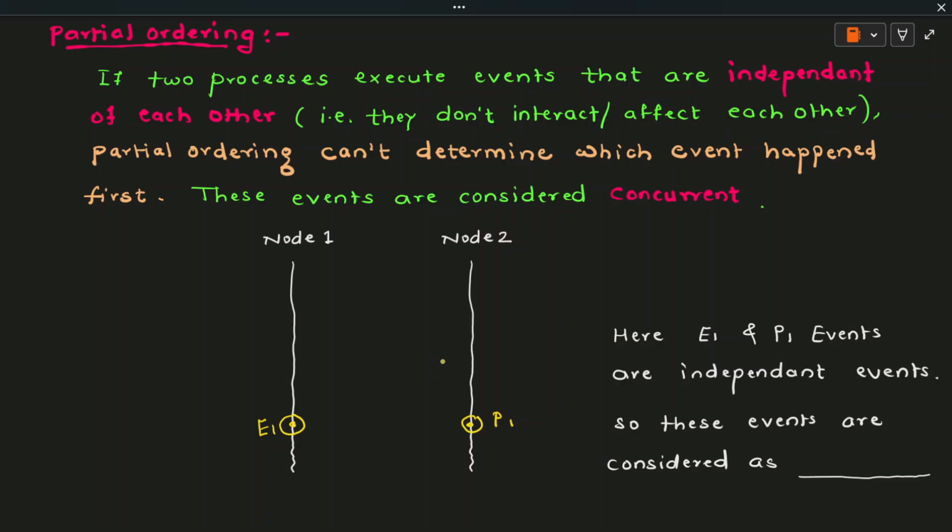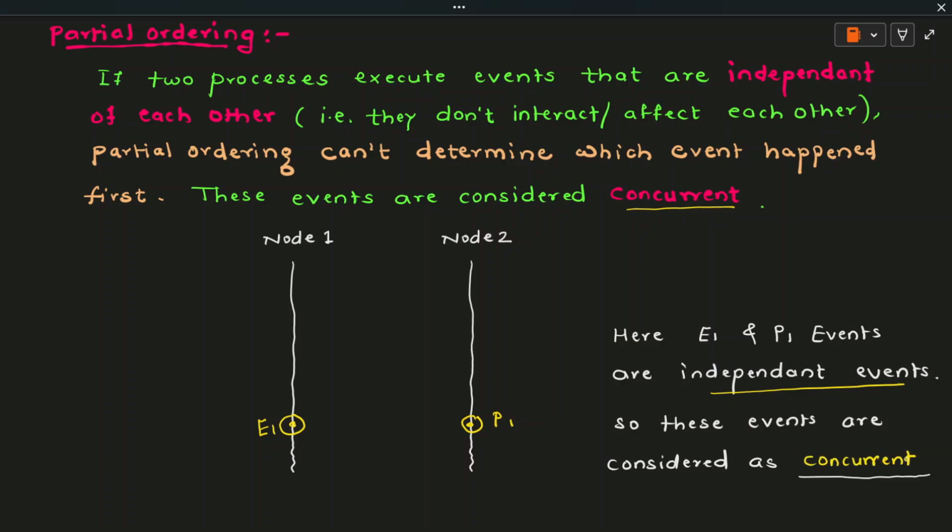The partial ordering mechanism in Lamport clock does not provide any mechanism for ordering such type of events. So these events are said to be concurrent events. Here as per the diagram, E1 event is getting executed on node 1, P1 event is getting executed on node 2. So these events are considered as concurrent events.